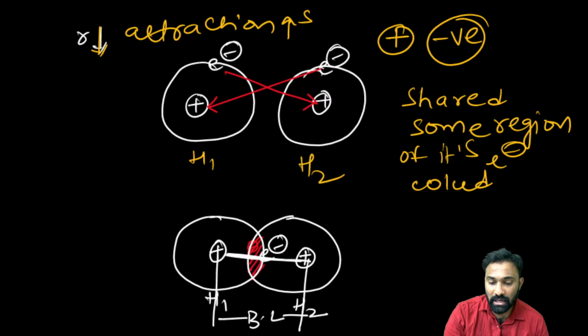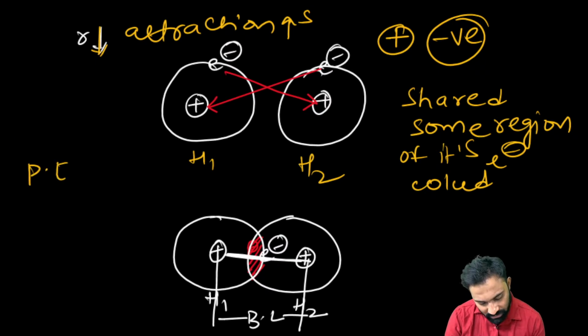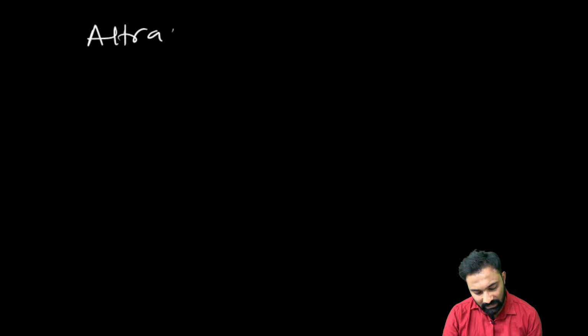Clear? Now when the two hydrogen atoms are attracting, what happened to the potential energy? Now we'll see. The potential energy will be decreased and stability will be increased. Sir, how is the potential energy decreasing? Now we see attraction, right? Attraction.